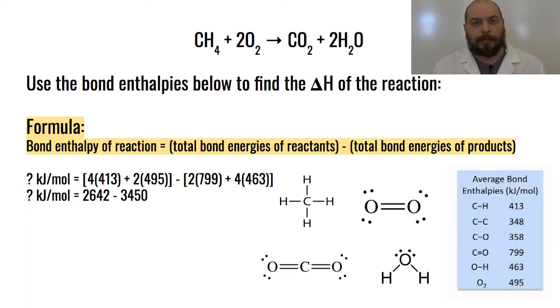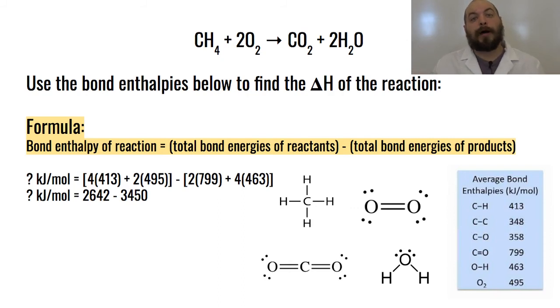But in the end, conceptually speaking, you think about what energy goes in versus what energy comes out. The energy in this case, if you add together the bond energies of all of my reactants, you get a value of 2,642 kilojoules per mole. So that's the total bond energy of all of my reactants.